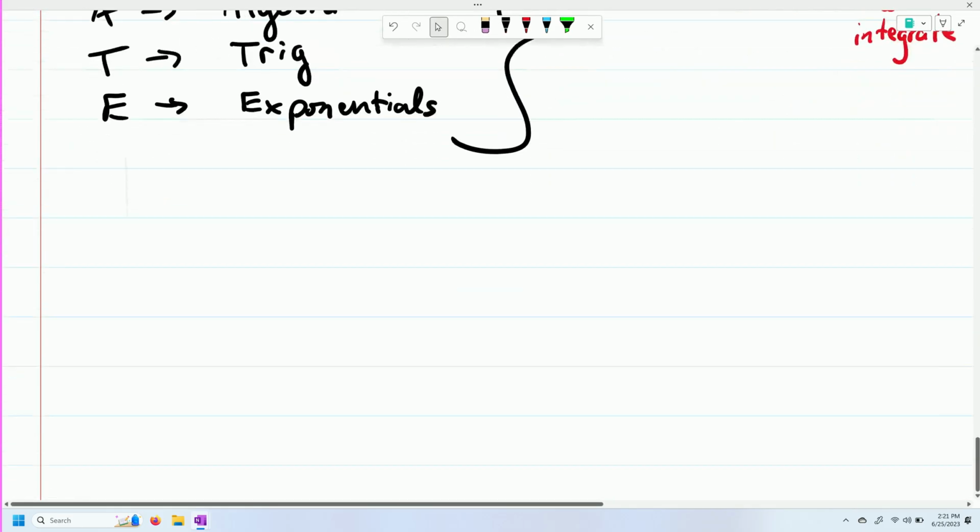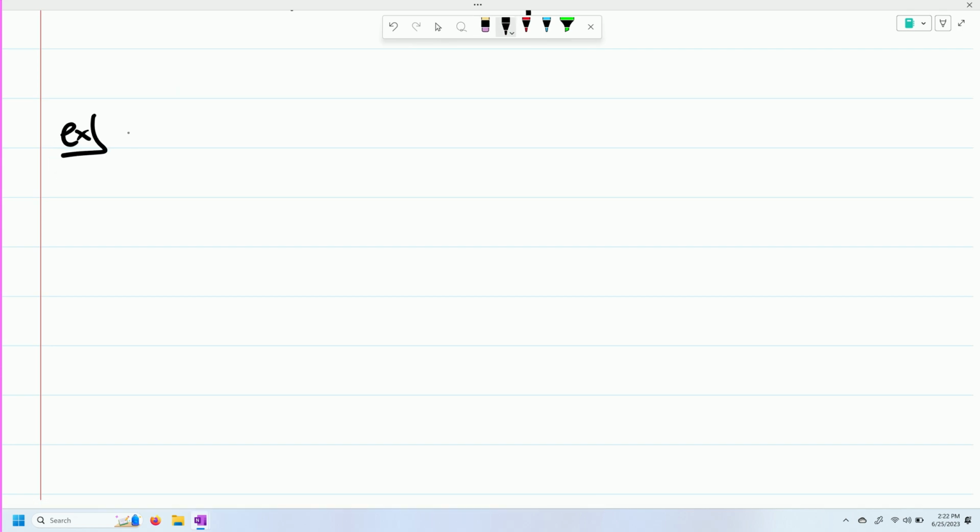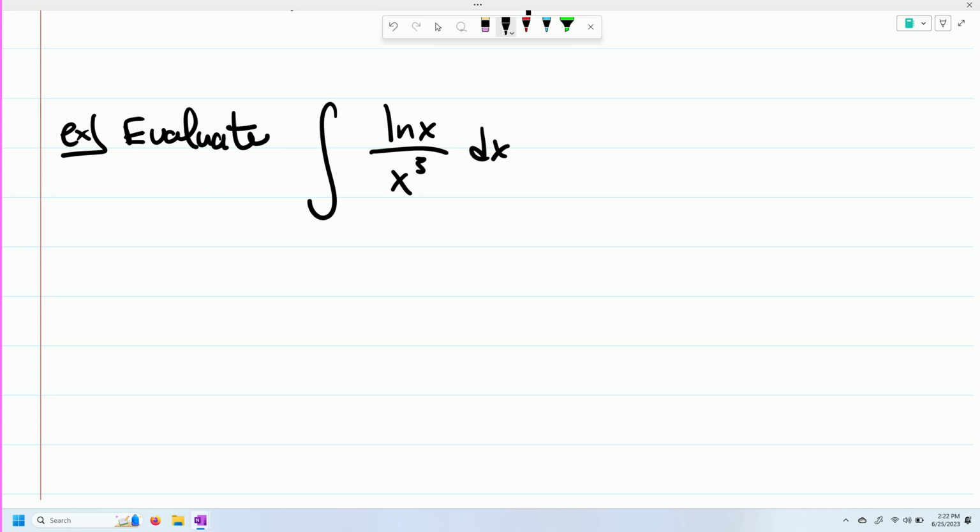So let's look at an example where it's just straight up integrate. Oops, I want a black marker. So let's evaluate the integral of the natural log of x over x to the third dx.